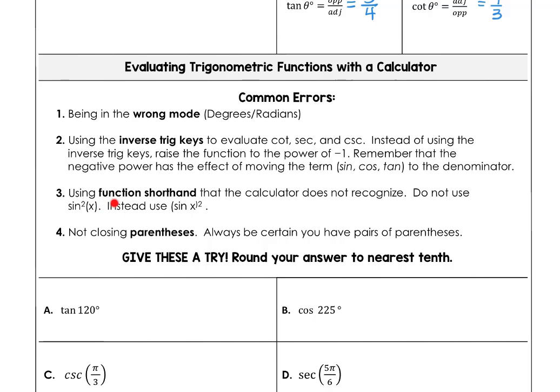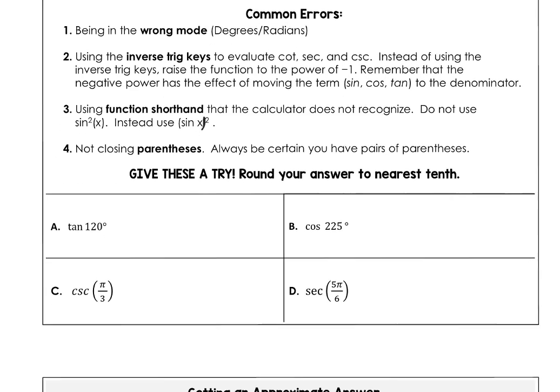Also, using function shorthand that the calculator doesn't recognize, our calculators don't evaluate when you have sine squared x. You have to put sine of x in parentheses and then square your result there for the calculator to properly evaluate. And then the last common mistake is not closing parentheses. Always be sure that you have pairs of parentheses.